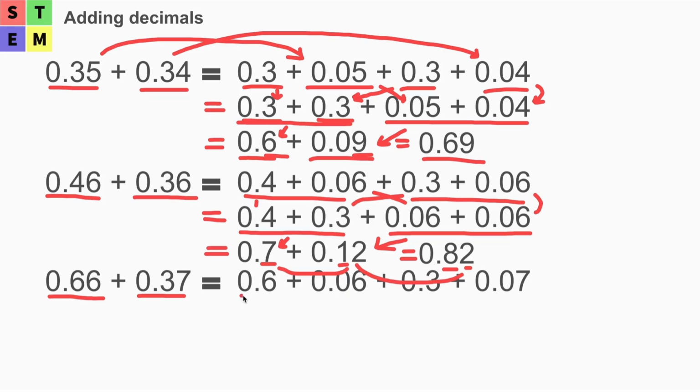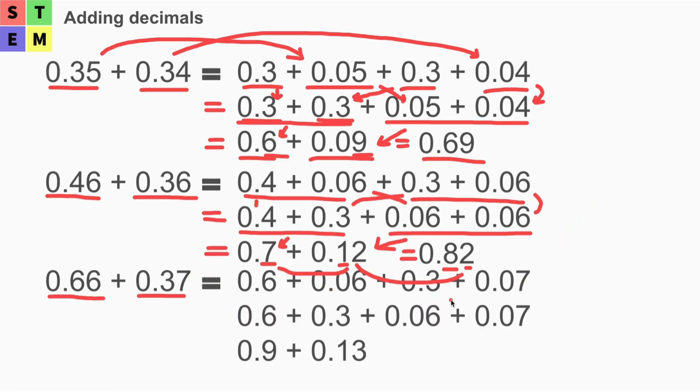Let me read this. So it equals 0.6 plus 0.06 plus 0.3 plus 0.07. So nothing changed from the previous step. We just separate them, and the next step is to switch them, right?